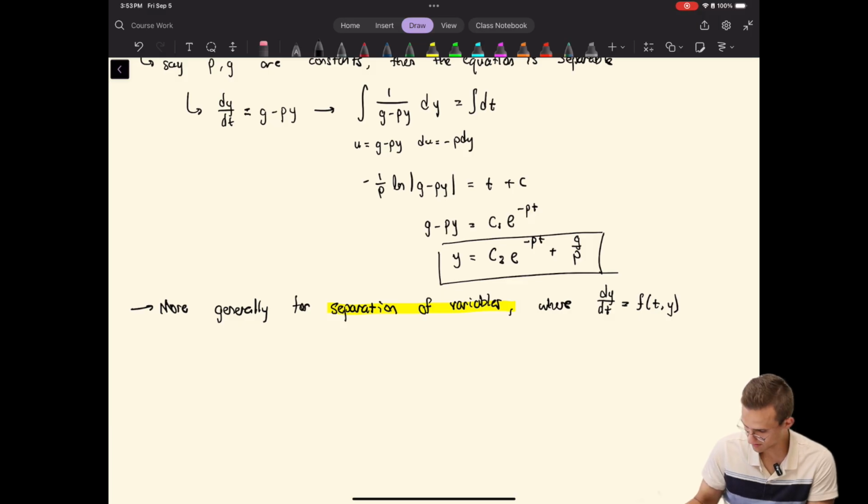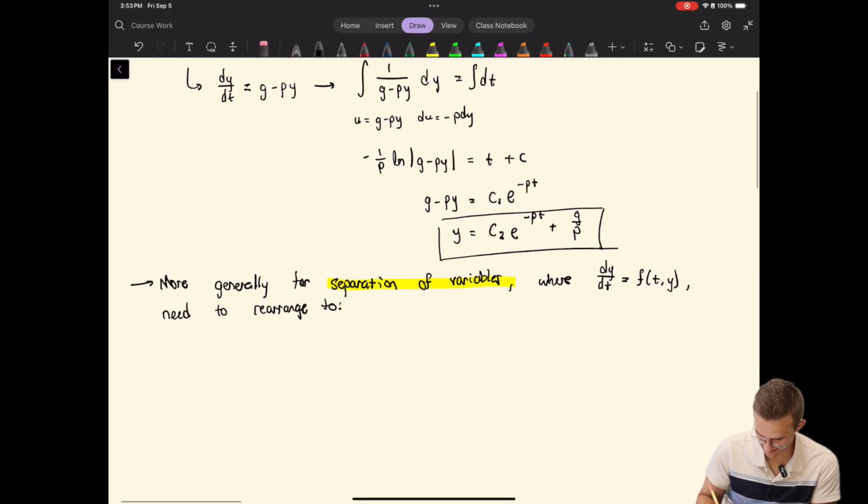You just need to be able to rearrange to the following form, where you have some function m of t plus some function n of y times dy/dt is equal to 0.